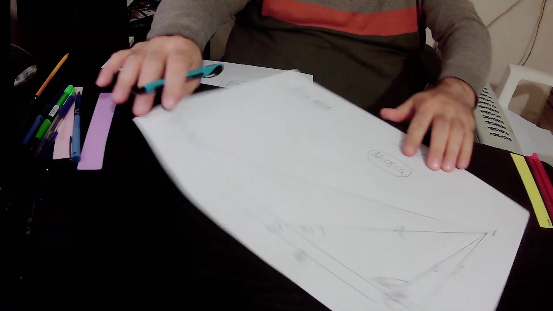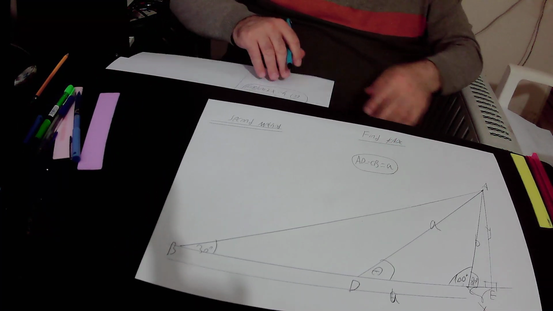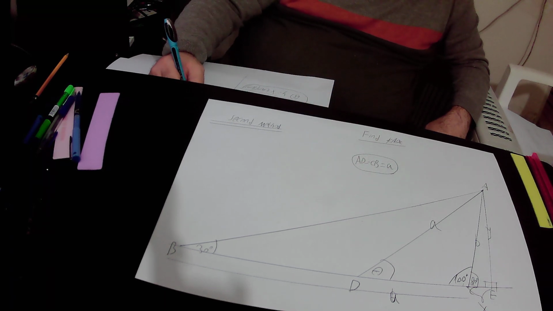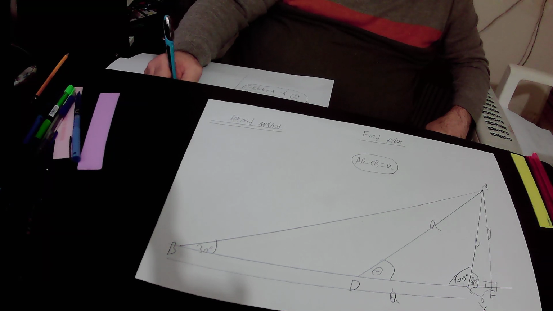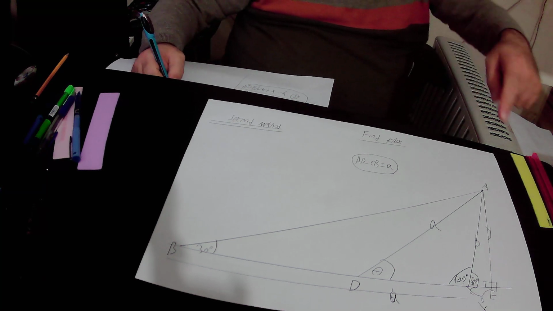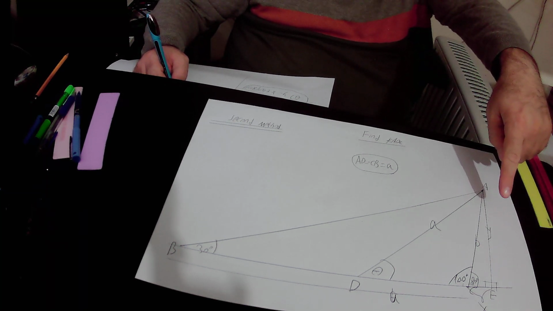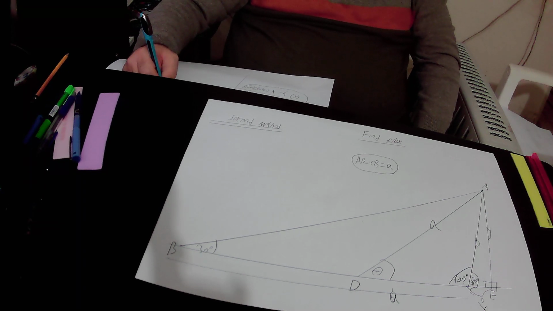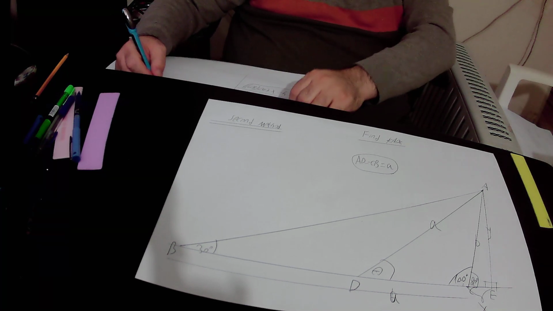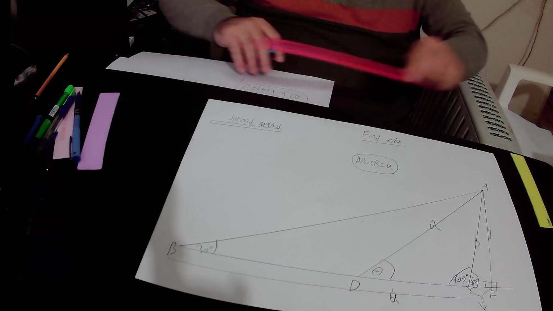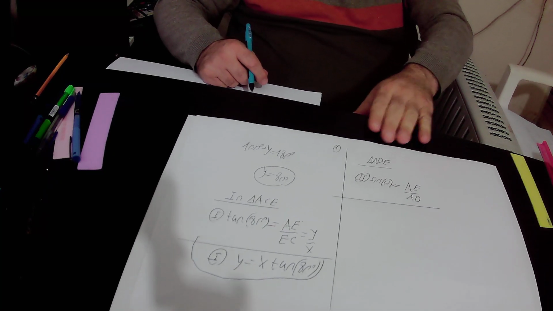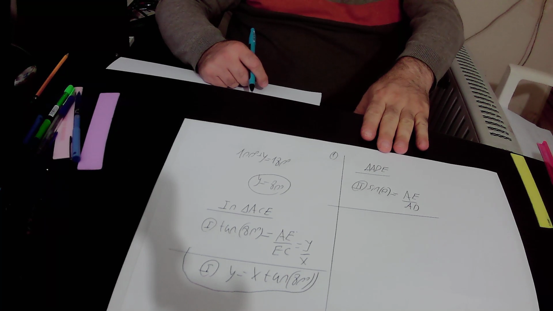And in the right triangle, triangle ADE, sine theta equals AE over AD. I'll repeat again. On the right triangle, triangle ADE, sine theta equals AE over AD.